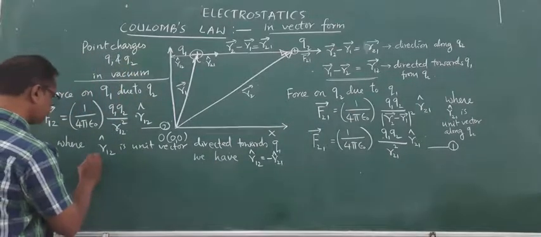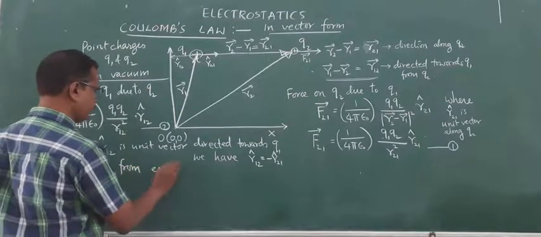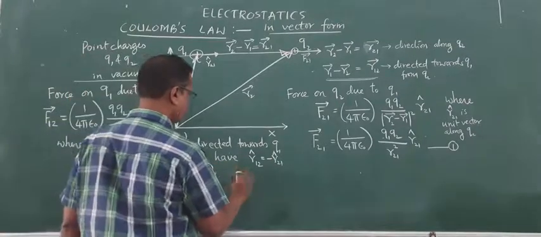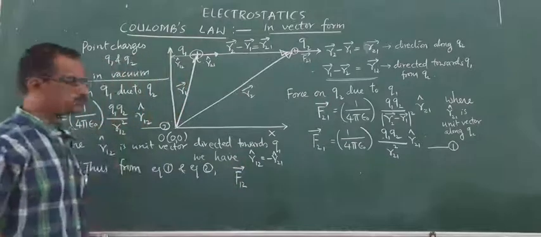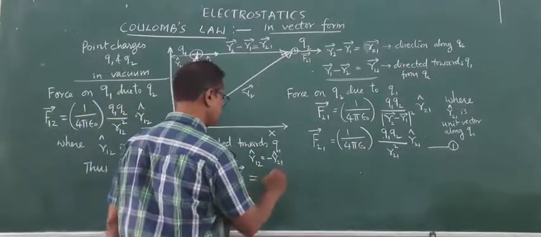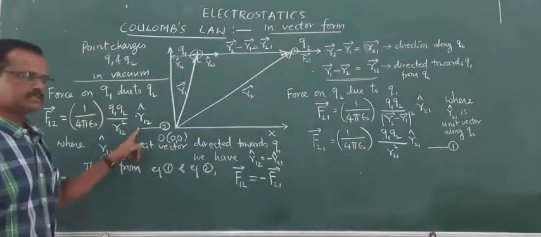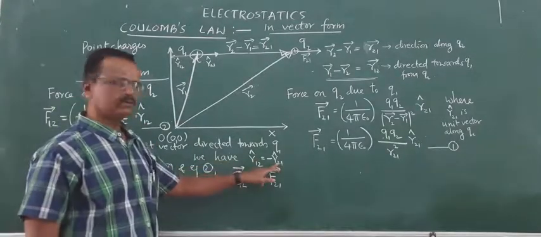Thus, from equation 1 and equation 2, the magnitudes are no doubt equal, and we write F12 is equal to negative of F21, because if you replace this R12 vector with minus R21, what happens?